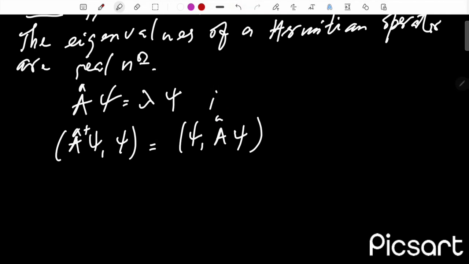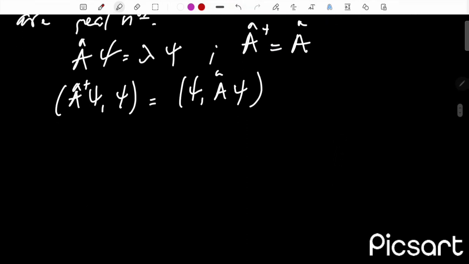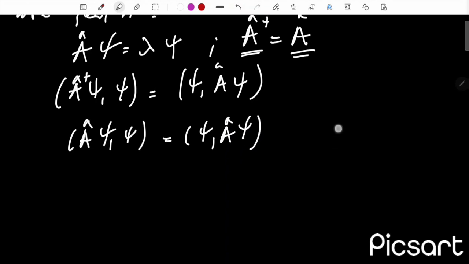And remembering we are talking about a Hermitian operator, this means that A dagger is equal to A. And now we have that if A dagger is equal to A, then we have also here A acting on psi, here psi, A psi.